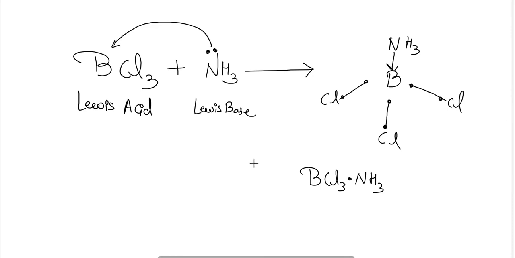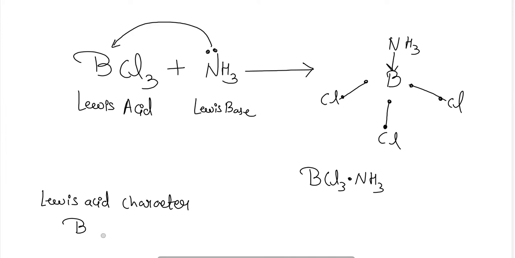The Lewis acid character can be represented by this particular relation, that is BX3, boron compounded with halogens.